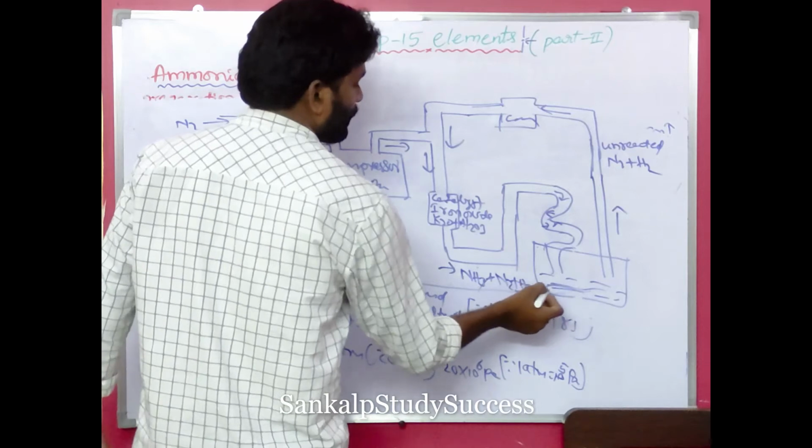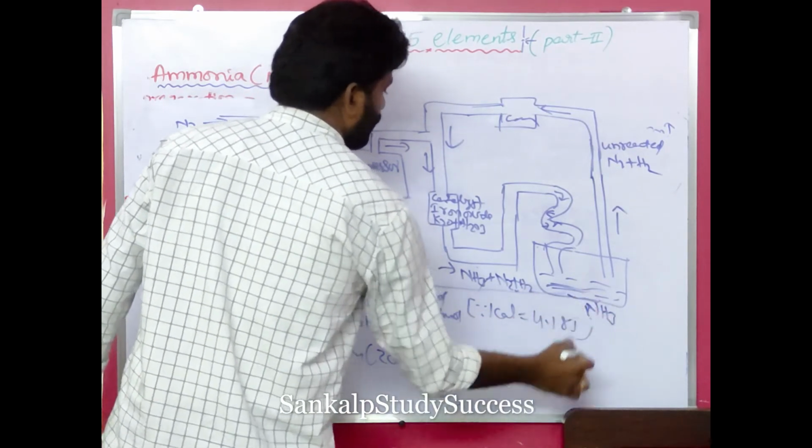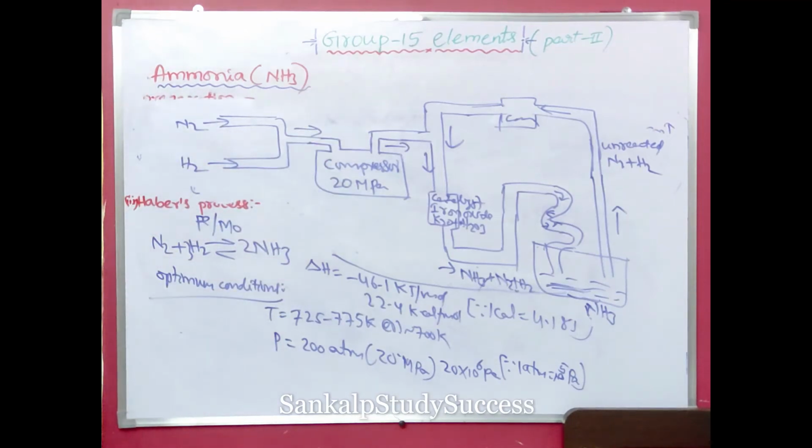Finally we can produce a large amount of ammonia. This is the flow chart of the preparation of ammonia in the Haber process.